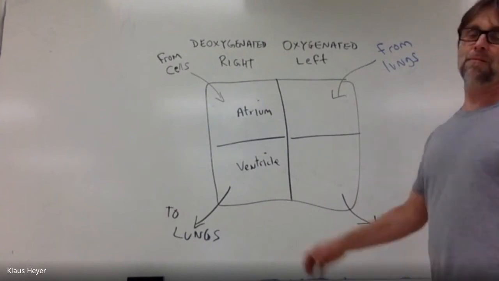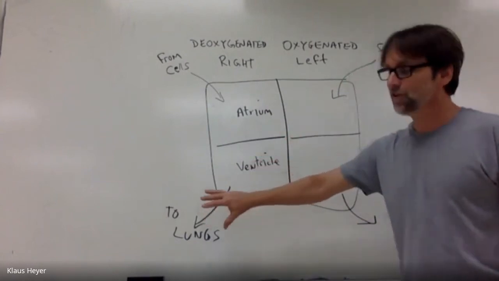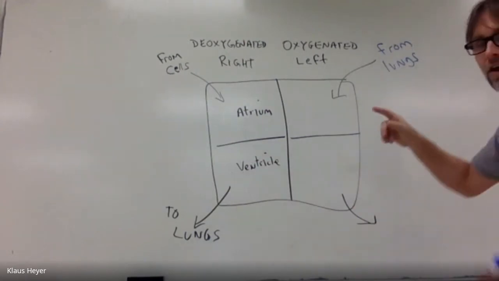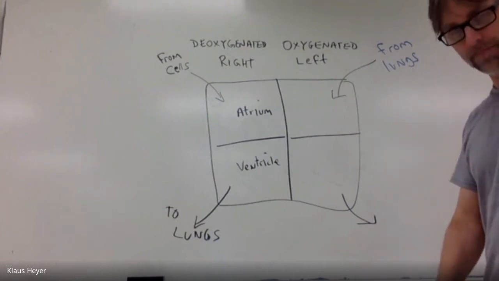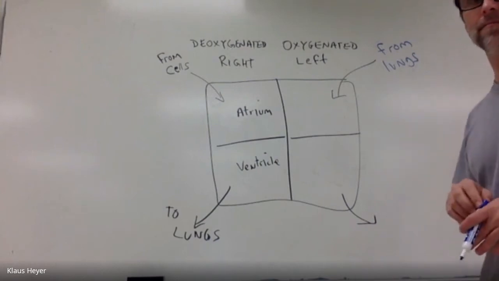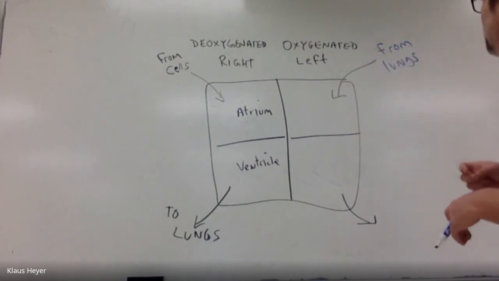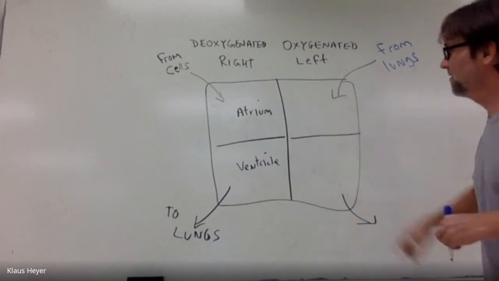All right. Coming from the lungs, it's a different blood. This blood that left was deoxygenated. Now it's coming back, it's oxygenated, because the lungs got that deoxygenated blood and they oxygenated it. They stuck more oxygen in it. And they're like, okay, let's send it right back to the heart. So there it is. Now it's on the left side.